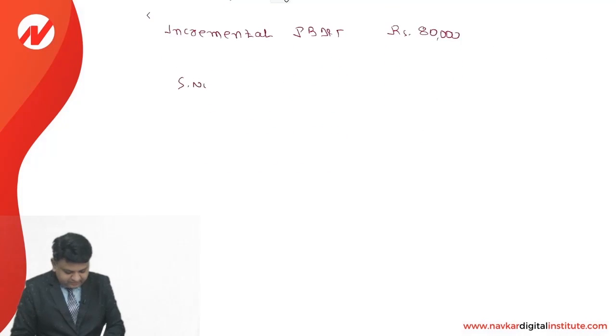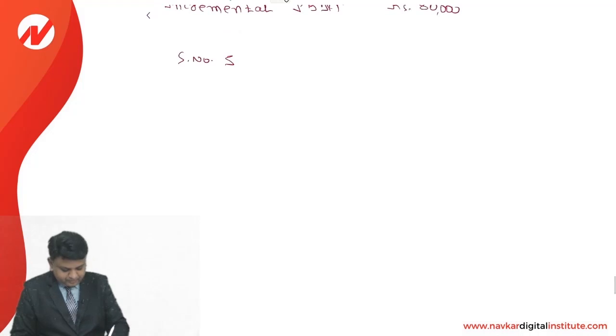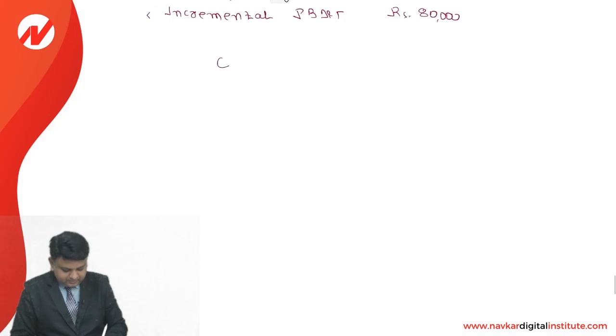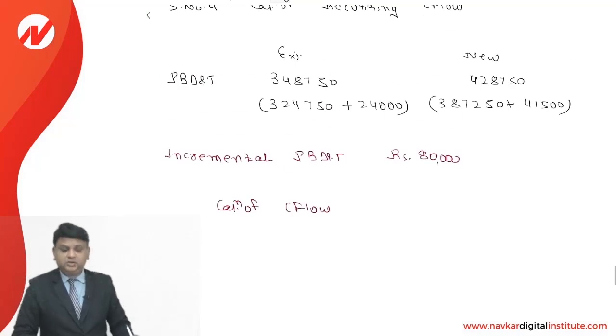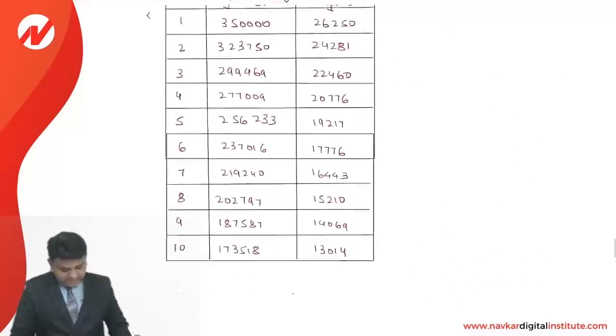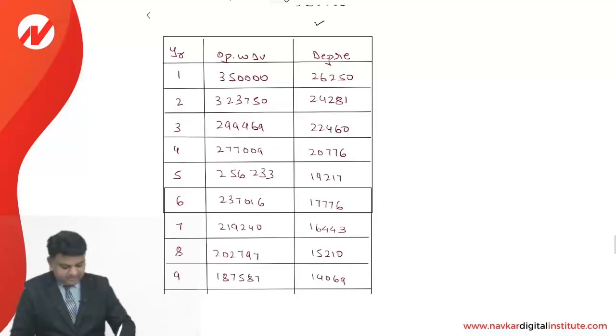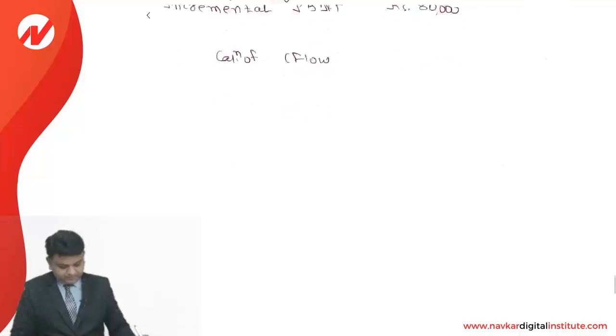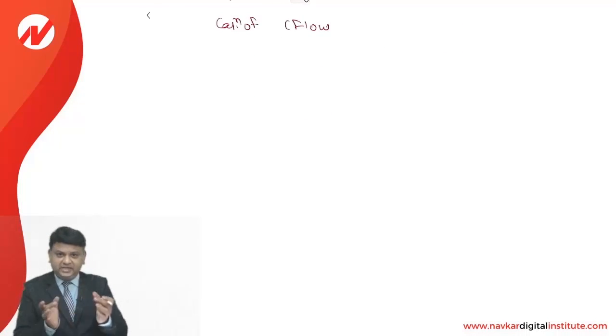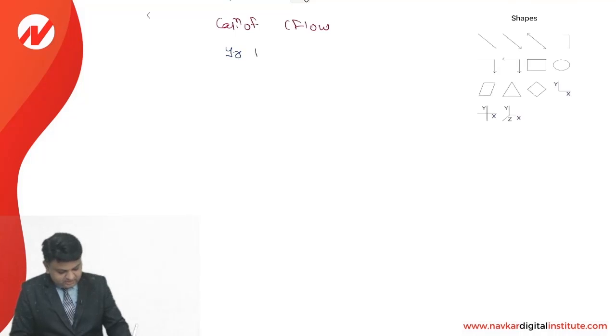Now step number 5. In this only further calculation of the cash flow. Dear students, over here we can see that the incremental depreciation for year 1 is 26,250. So I am giving you some detailed working for year 1.